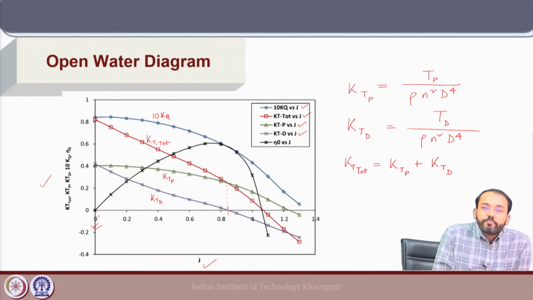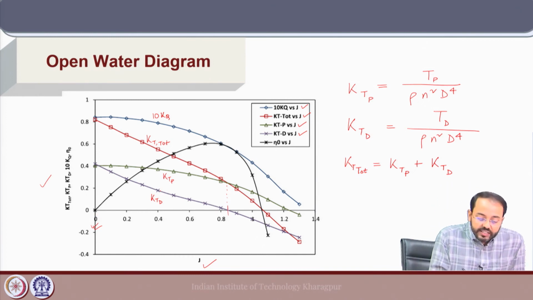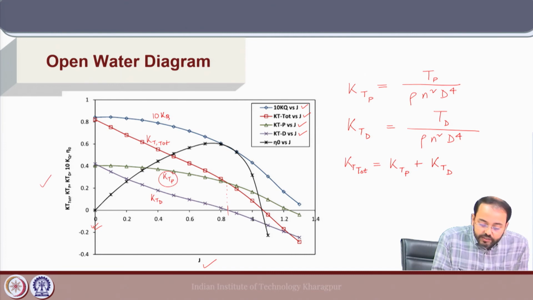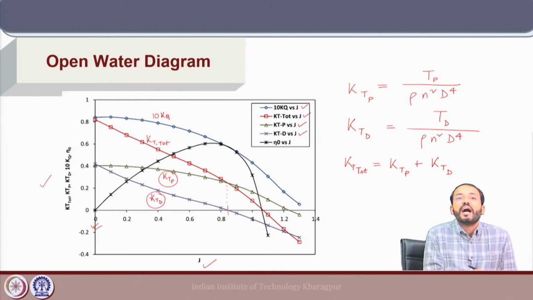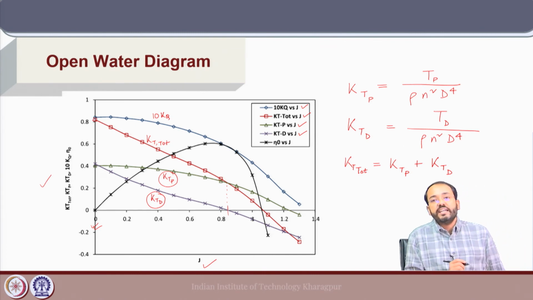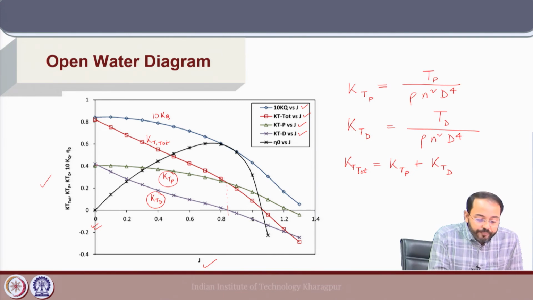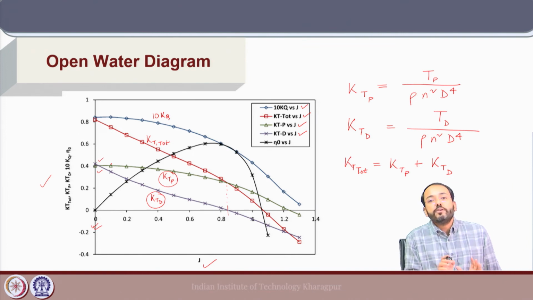Now, at the Bollard pull condition where J is equal to 0, both the thrust coefficient for the propeller as well as the duct thrust coefficient are highest. So, the value of KT total is very high, and we can see here that KTP and KTD are almost equal.